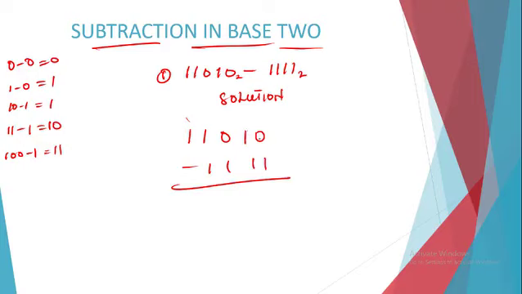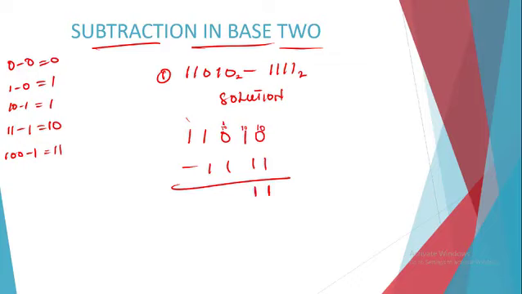We borrow 1 here and add it here, it becomes 10. 10 minus 1 will give us 1. We are left with 0 here, so borrow 1 here and add it here, it becomes what? 10. And then when we borrow 1 here and add it here, here remains what? 1. And then we have 10, and 10 minus 1 will give us 1.